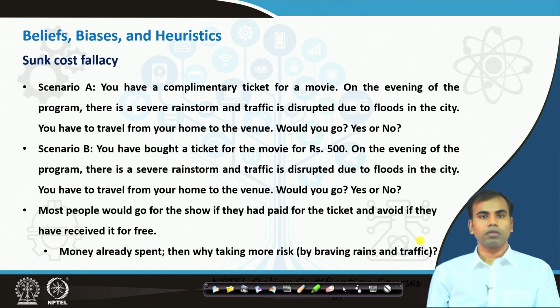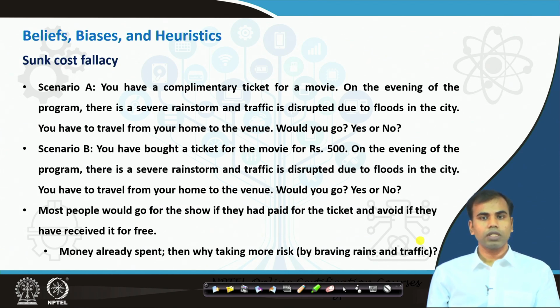The reason is that the distance from your home to the venue of the program is quite far, and you are likely to be stuck in traffic because of the rainstorm and resulting floods. The question here is, would you like to go, yes or no?